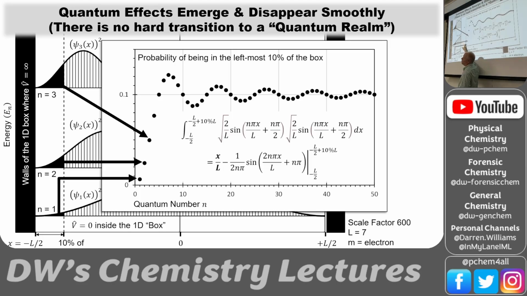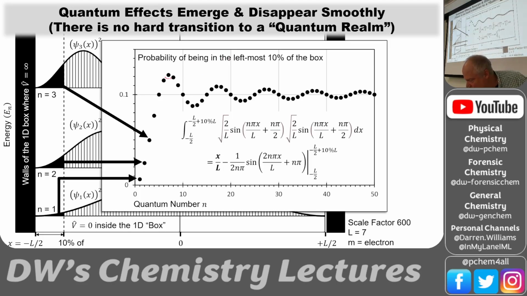Yeah, this is 0.01. So it's less than a 1% chance that it'll be in the first 10% of the box. That's called a quantum effect. That's not a classical statistical sampling of a macroscopic particle in a box. Okay? And if you'll notice, sometimes it jumps up above what the classical probability would be.